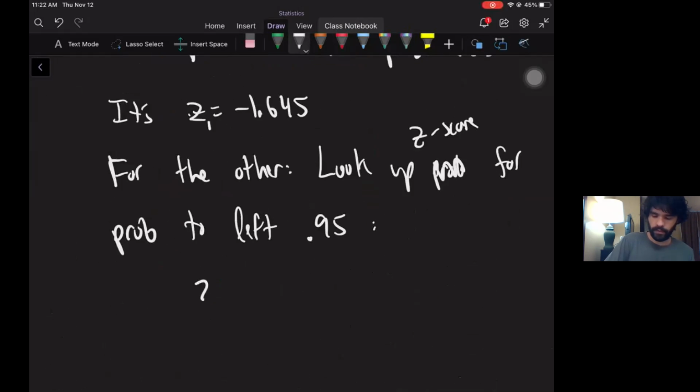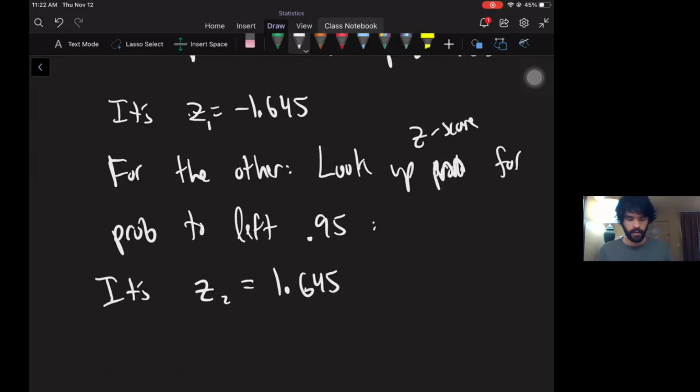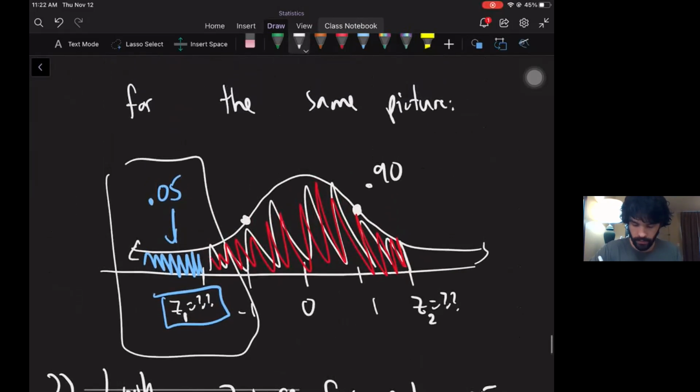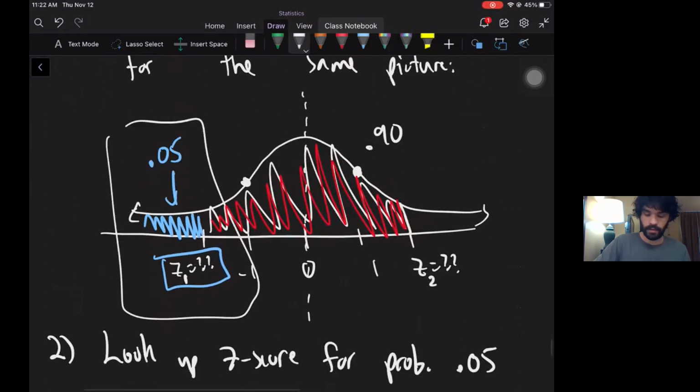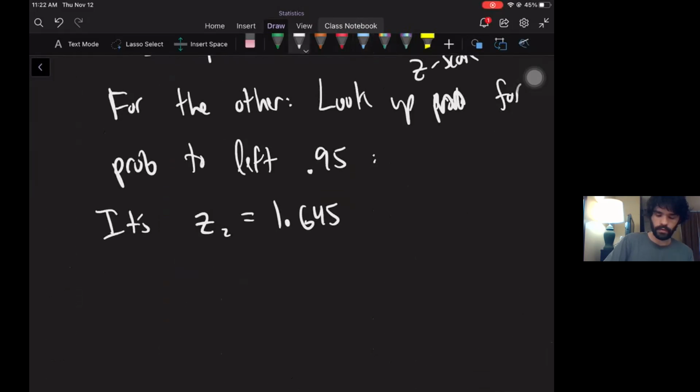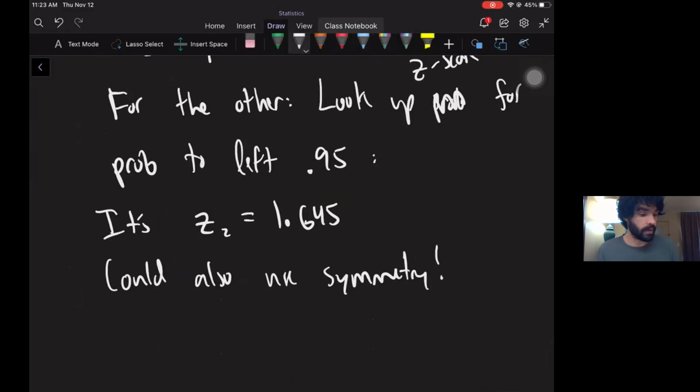And if you do that, my second z-score, z2, is actually going to be the same number except positive. And we could have guessed that by using symmetry ahead of time, because the bell curve is symmetric, which means that if this z-score has 5% to the left, then on the other side, the same z-score but positive should have 5% to the right. And that is what happens. So you could also use symmetry instead of looking this one up, but either way is fine.